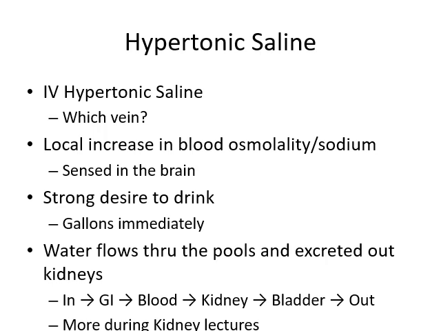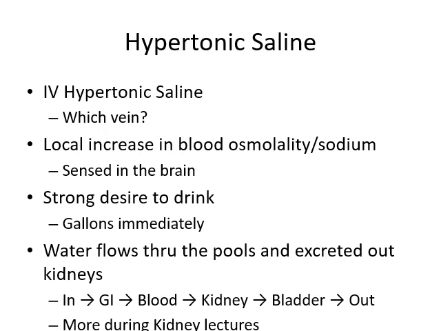So what happens is that high dose of sodium and chloride goes into that vein, so look that one up, goes to the heart, goes to the lungs, goes back to the heart, and pumps up to the brain, where the brain can sense the salt concentration or the osmolality of the blood.